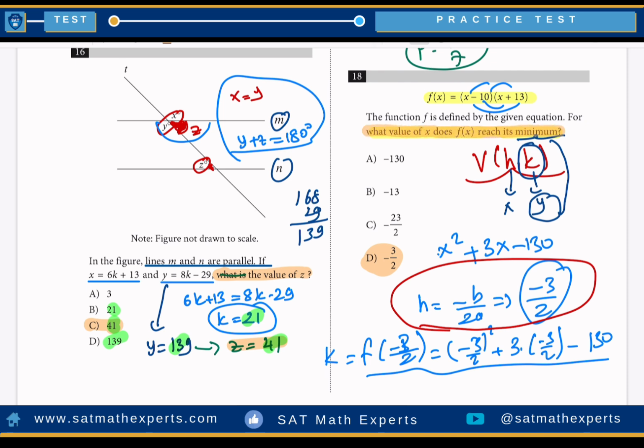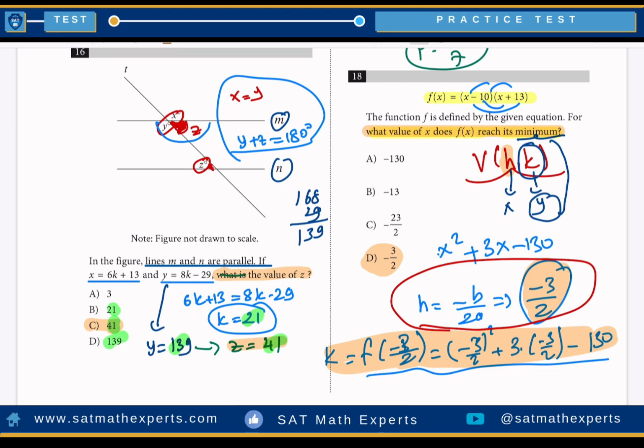What value of x does f(x) reach the minimum, which is h, not the y value k. So that's why the correct answer is this one. I am interested in the x-axis, which is the h value. I thought we were looking for the minimum value. If it says the minimum value, then we have to find this one. So maybe it will be a fraction.